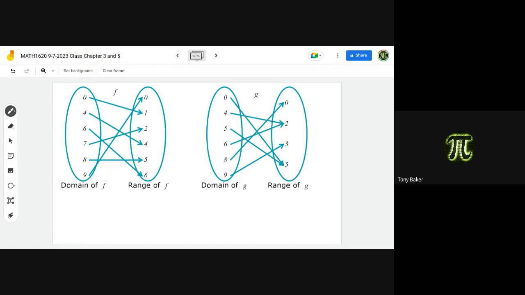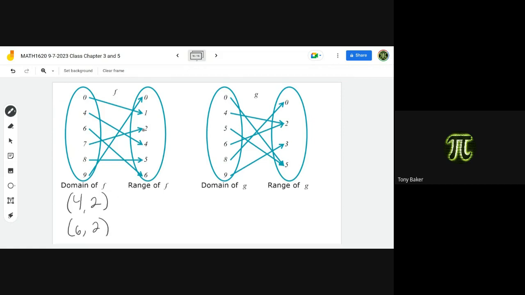This is one of those problems that they don't try to confuse you. So 0 goes to 1. There is no 1. So 0 doesn't work. 4 goes to 4. 4 goes to 2. So 4 goes to 2. 6 goes to 6. 6 goes to 2. 7 goes to 2.